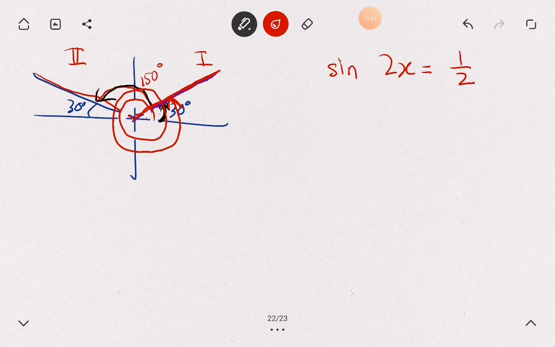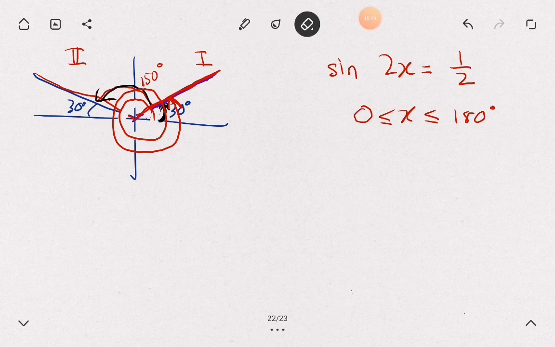And they'll give you a range. So they will say, we only want answers x between 0 and maybe 180 degrees, or maybe 0 and 300.